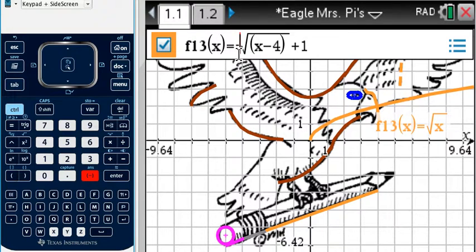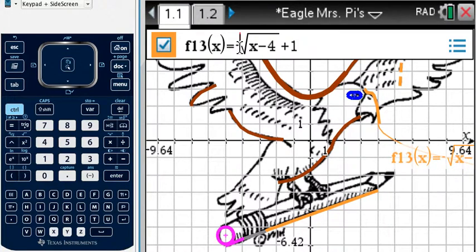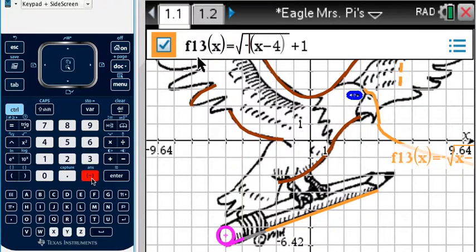Now with this, if I do it there, it reflects it across the x-axis, not the y-axis. I don't want a vertical reflection, I want a horizontal reflection. So I'm going to put the x minus 4 back in parentheses, and I'm just going to put a negative sign right in front of the x minus 4.